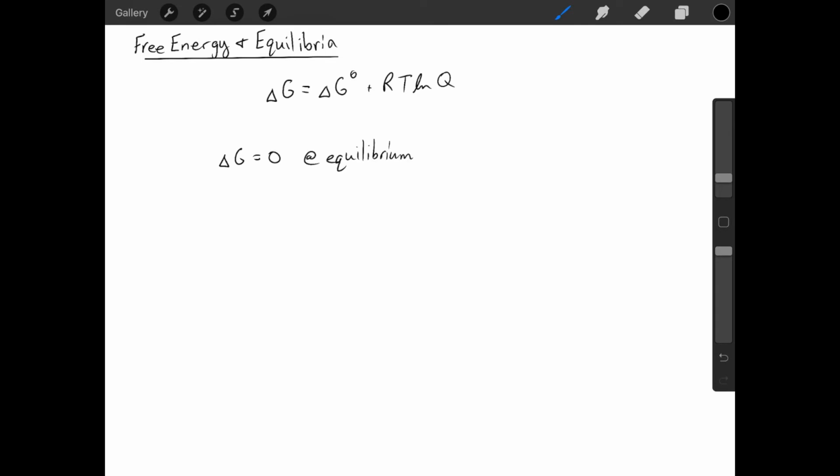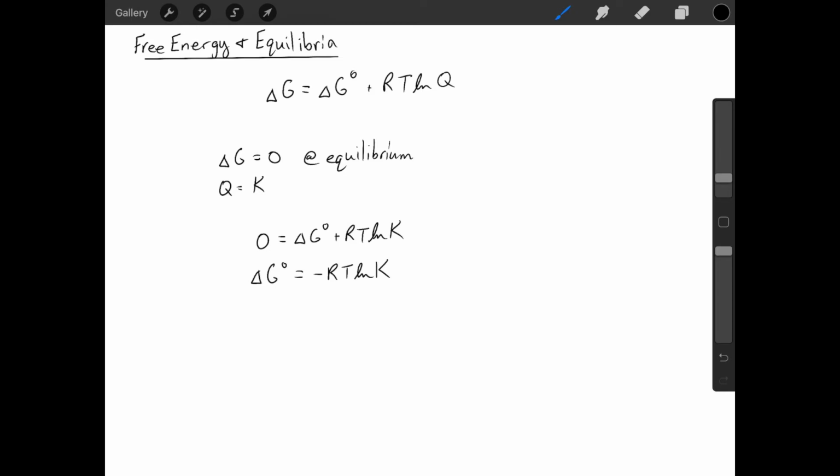And also remember that if you're at equilibrium, Q is equal to K. So we can rewrite this expression. So now, if delta G is 0, we know that delta G naught is minus RT ln K.